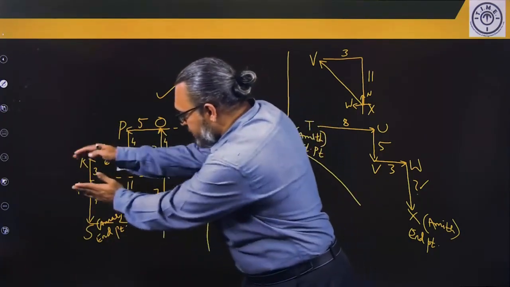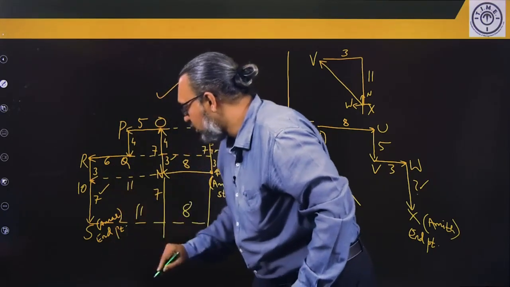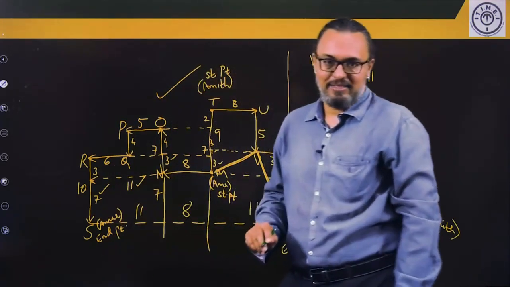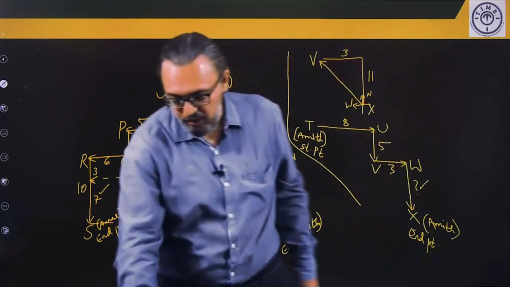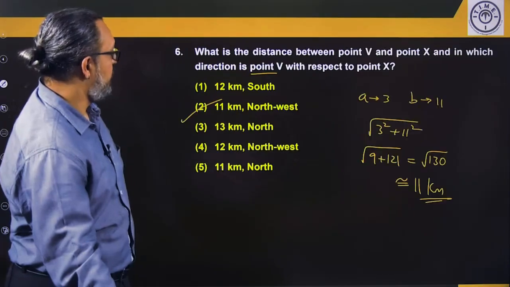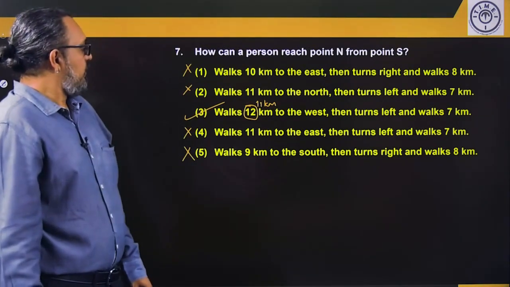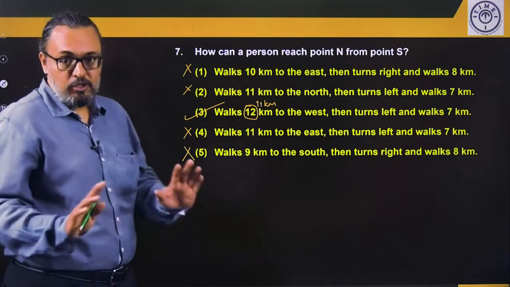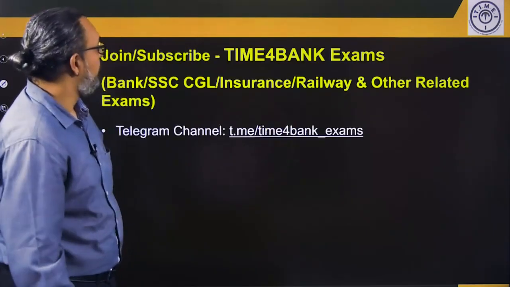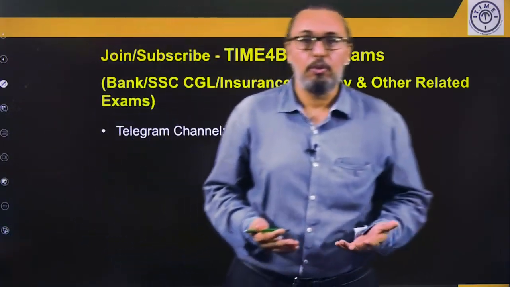So, 11 kilometers west, that he will move here up till this point, turns left and 7 kilometers to reach point S. Okay. So, choice 3 is what we can use as our answer for this. Okay. Right. Understood that? Right. So, those are the questions you have for this particular topic.